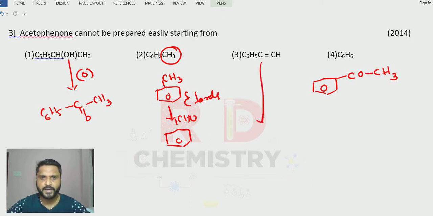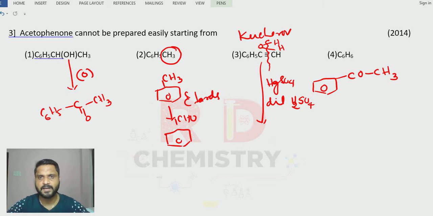Whereas here, if we carry out Kucherov reaction, wherein you have to make use of mercuric sulfate and a dilute sulfuric acid, and you would add water molecule across carbon triple bond, oxygen to one carbon atom and hydrogens to the terminal carbon. So we get now C6H5COCH3, possible to prepare.